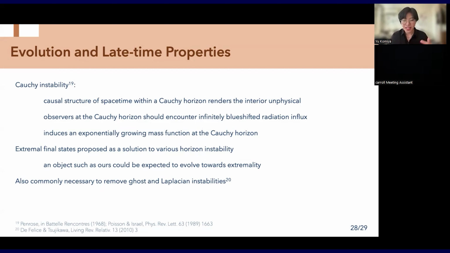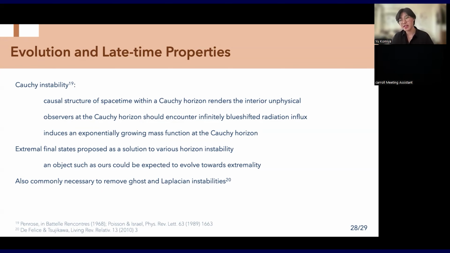And relatedly, people who construct regular black holes with more than one horizon have thoughts about this being a similar issue. And while I can't actually supply a very nice way to evade this at the moment, because I don't think there is a universally agreed answer, what is interesting is that people do propose that if we have an extremal final state, so if we have these horizons merging throughout its evolution and forming an extremal black hole, then we are very dynamically and very naturally evading all of these issues.